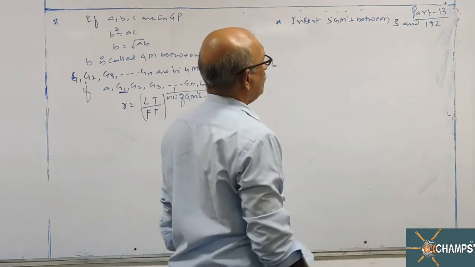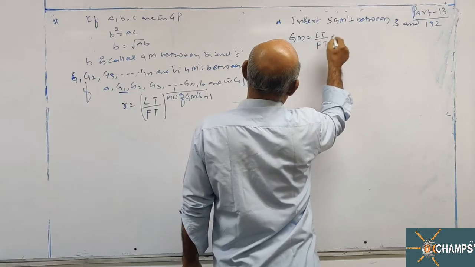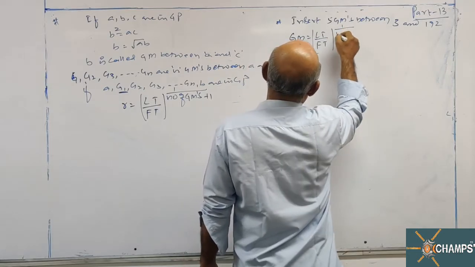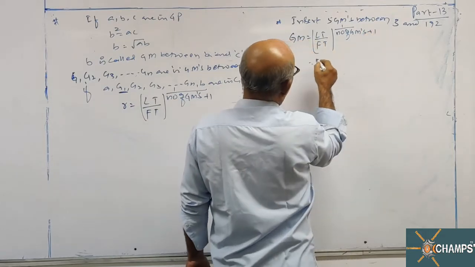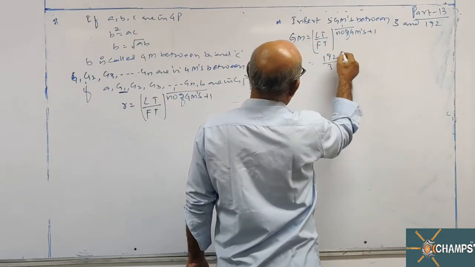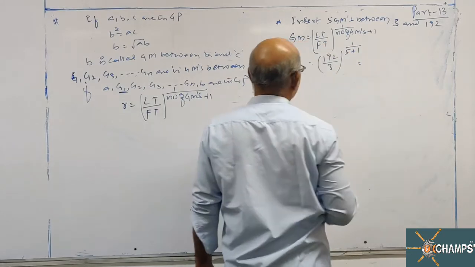Common ratio is equal to last term divided by first term whole to the power 1 by number of GMs plus 1. Last term is 192 divided by 3, whole to the power 1 by 5 plus 1.